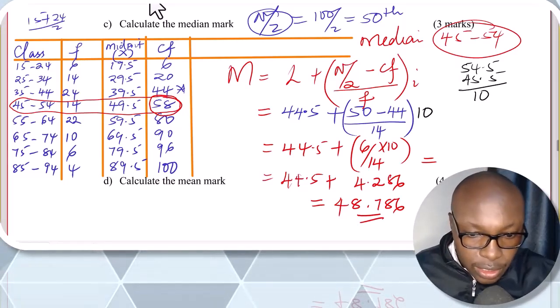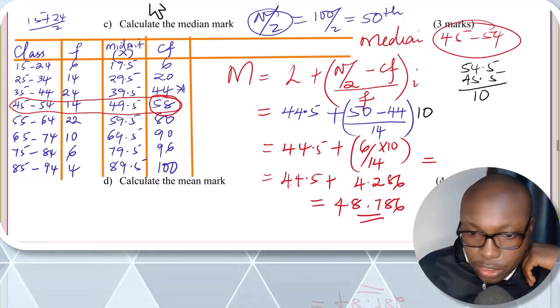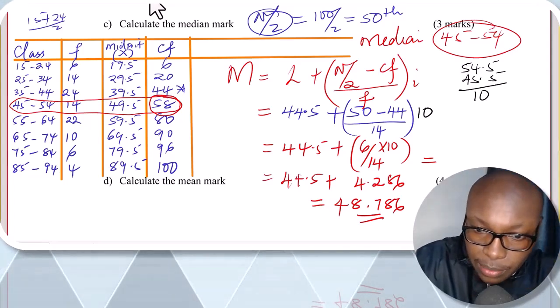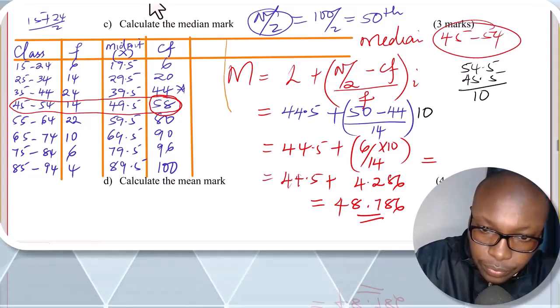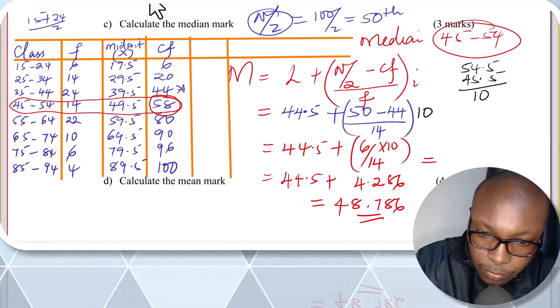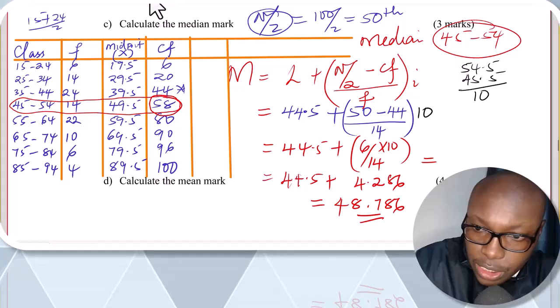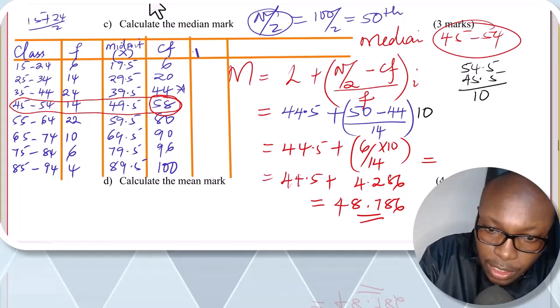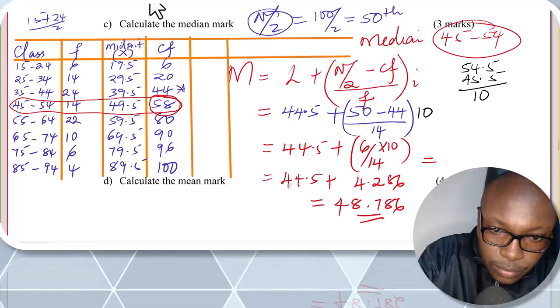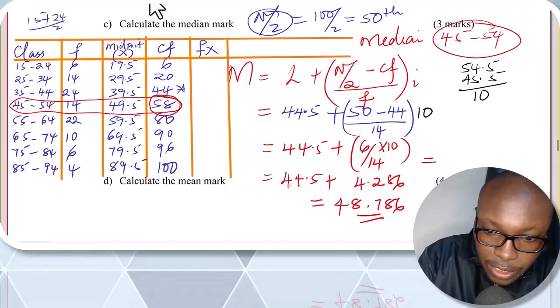So the next question is the mean mark. Calculate the mean mark. For the mean mark, there's something else that we require here. I'll need to introduce another column, fx. Why?